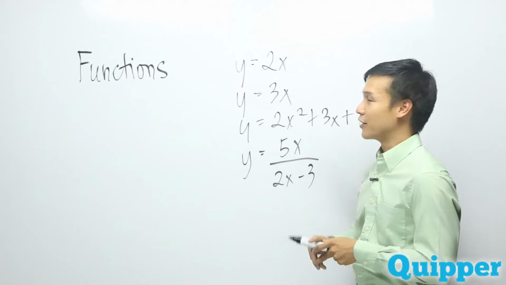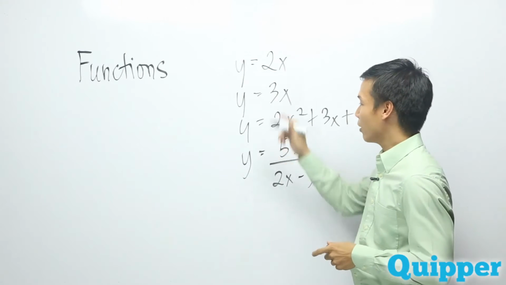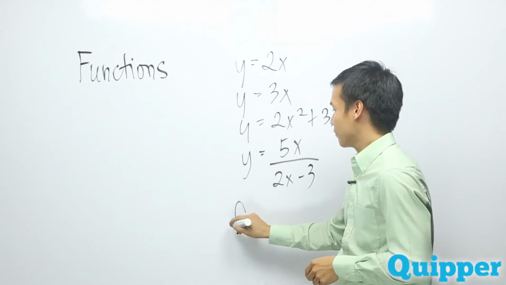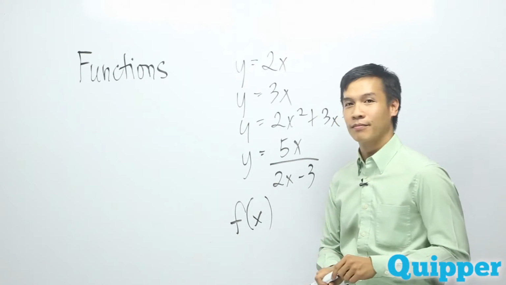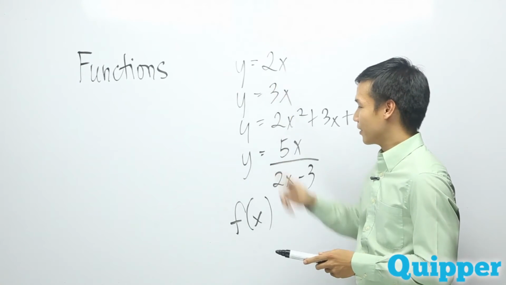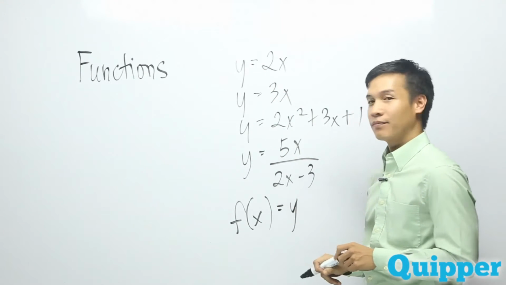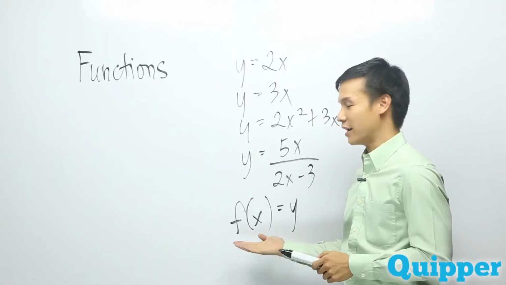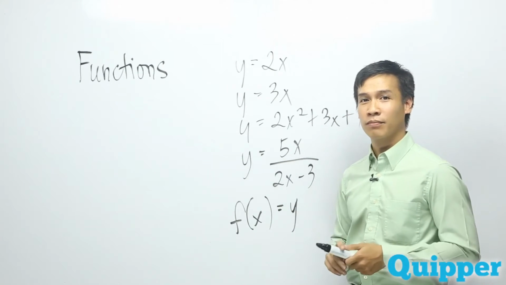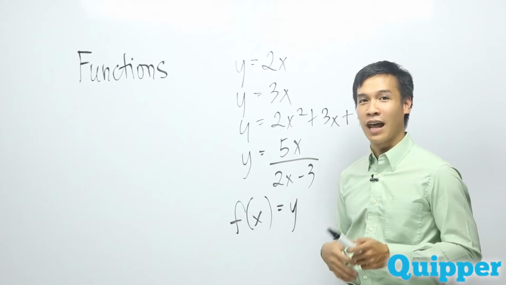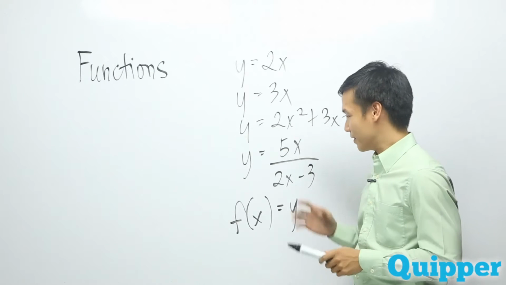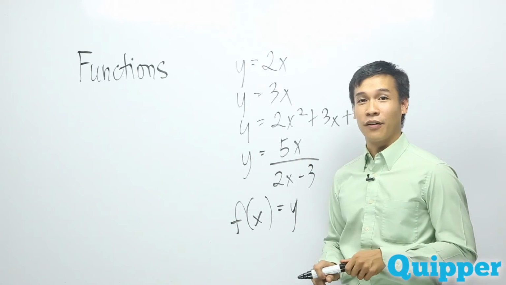All of these are equations. And all of these equations can be interpreted as f of x. So the y that we've been so used to could be interpreted as an f of x. This is called an f of x, meaning in this function, you will have an input, that is the x, and you will have an output, and that is what you call the y.